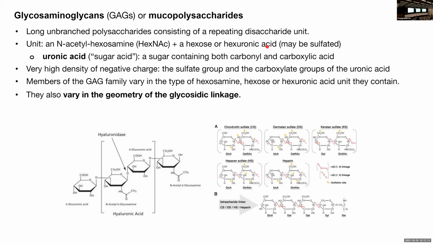And this hexuronic acid can also be sulfated, meaning that one of its functional groups can contain sulfur atoms. And we already know that this sulfur atom does a lot of interesting things, including making bonds in cysteines, two cysteines, and so on. So we're going to talk about that in a minute.